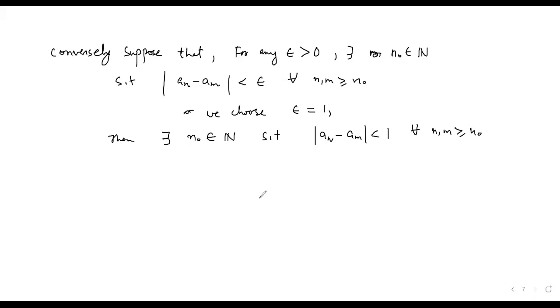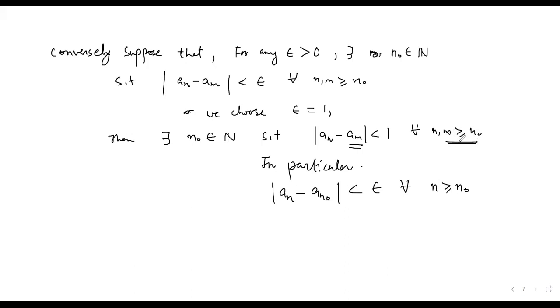In particular, if I take n naught in place of m, just to make our job easier, I can write |a_n − a_{n naught}| is less than 1 for all n greater than or equal to n naught. It is true whenever m is bigger than or equal to n naught; in particular, I chose m to be equal to n naught. So this is what I get.